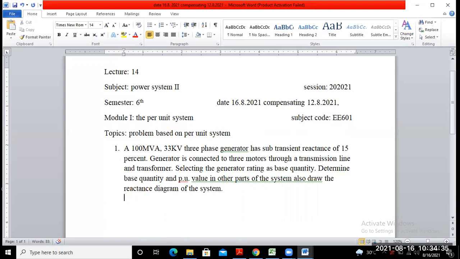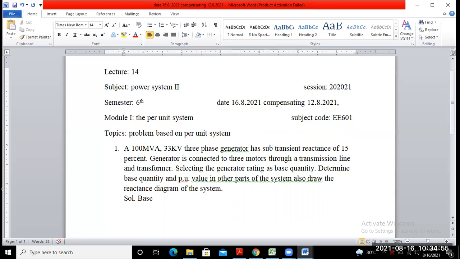So we try to solve this problem. Solution: choose the base kilovolt rating and base MVA rating. That is nothing but the rated voltage rating of the generator and the MVA rating of the generator.